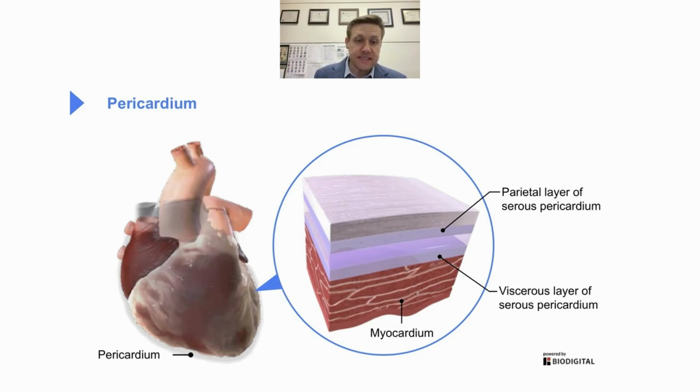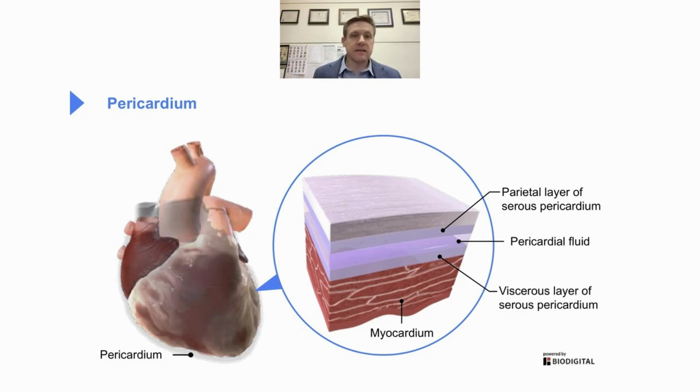Now, if we look on the sac that surrounds the heart, we get the same naming nomenclature. We have a parietal layer, again, what would you say of the serous pericardium. And again, serous means watery. So in between these two visceral and parietal layers of serous pericardium, we have a small amount, typically, of pericardial fluid.